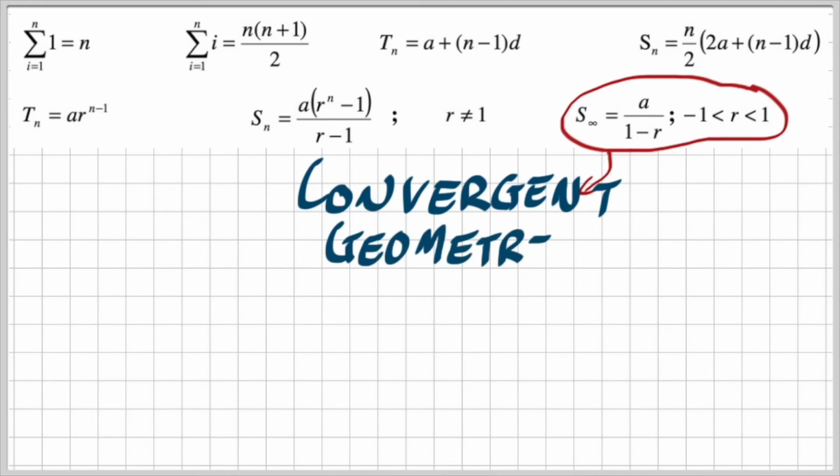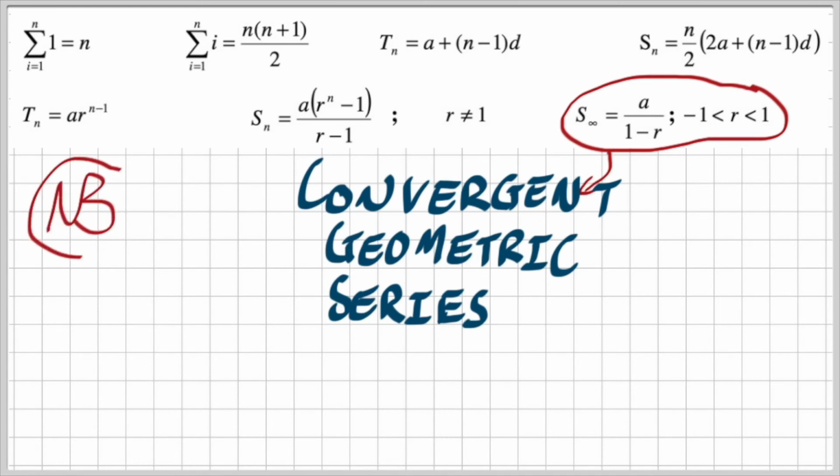When we talk about the last formula, that one is specifically for a convergent geometric series. That's very important. You can't use this formula for all series that we add together. It must be convergent, and because of convergent, we're looking at geometric series specifically.